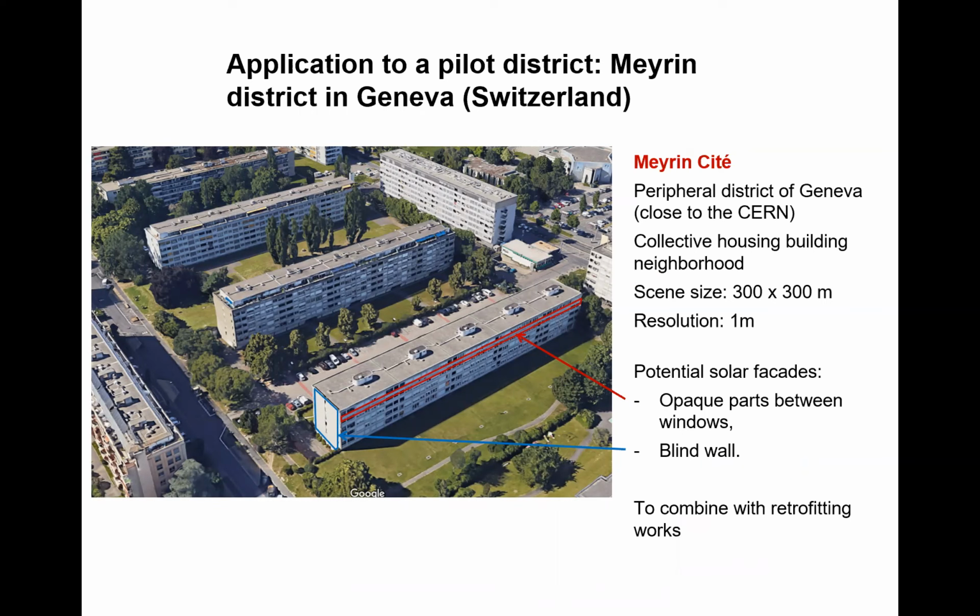So let's consider this building. You have here a blind wall, and also here the longest facade, with a mix of opaque elements and windows. The idea is to promote solar facades in the perspective of renovation of this building.